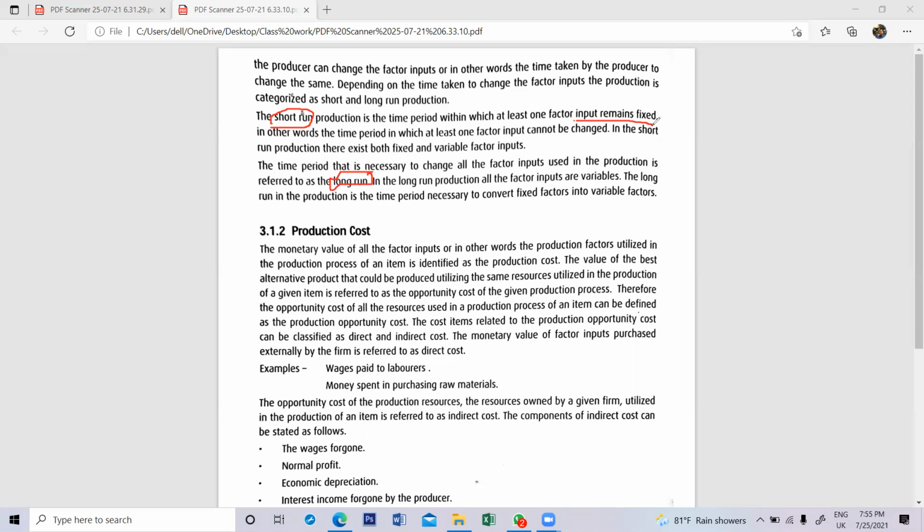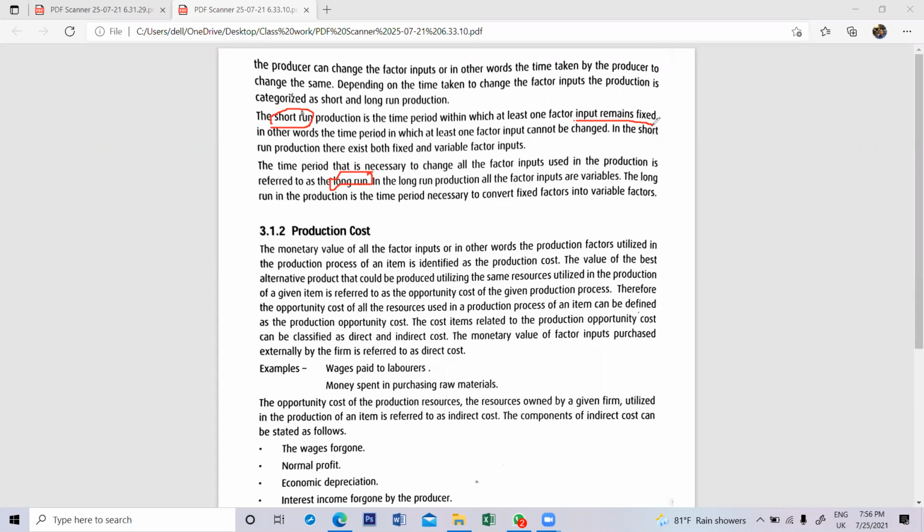So at the time being, fixed resources are constant, but the firm may employ many workers to increase the production. After certain time, the firm may purchase another building, another machine, this and that. If so, the firm now operates its production in the long run. That's how we realize the difference between short run and long run.